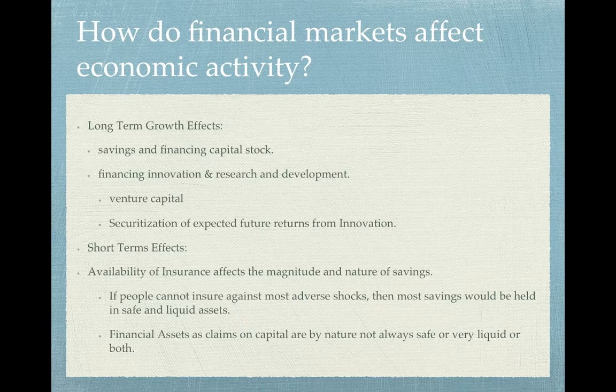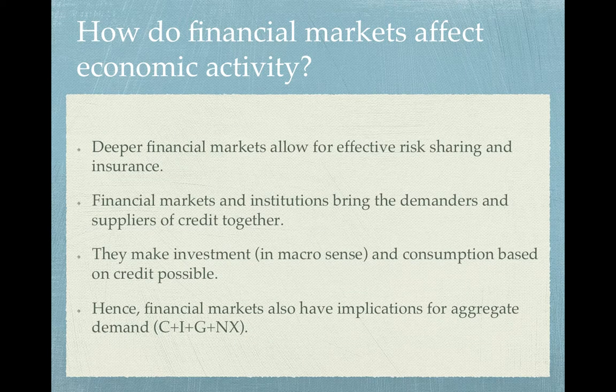But if you think about financial assets as claims on capital, then by nature financial assets are not always safe or very liquid or both. But when you have deeper financial markets, they allow for effective risk sharing and insurance.